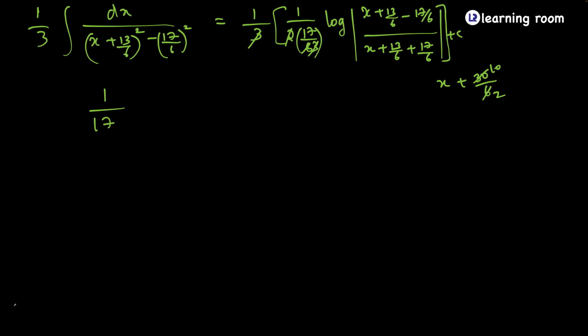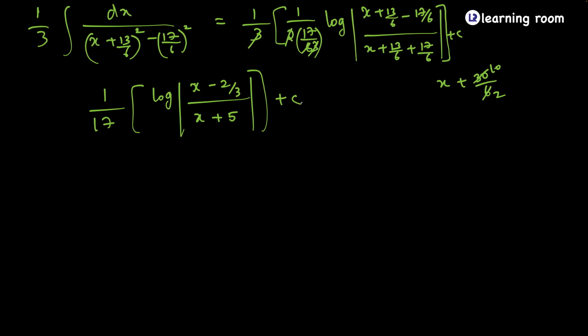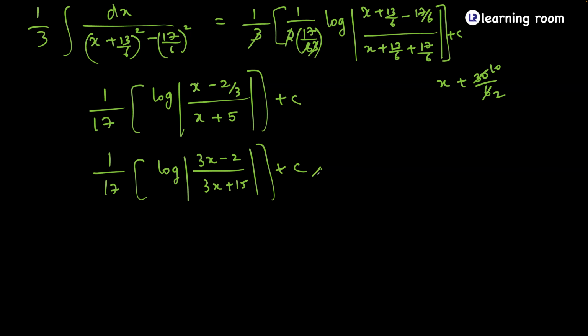So 1 by 17 into log of, how much will you have? x minus 2 by 3, the whole divided by x plus 5 plus c, because x plus 30 by 6 is going to give us 5, right? So 1 by 17 into log of, how much will we have? 3x minus 2 divided by 3x plus 15 plus c, right?